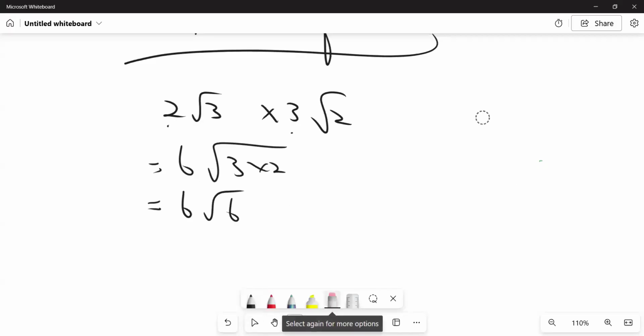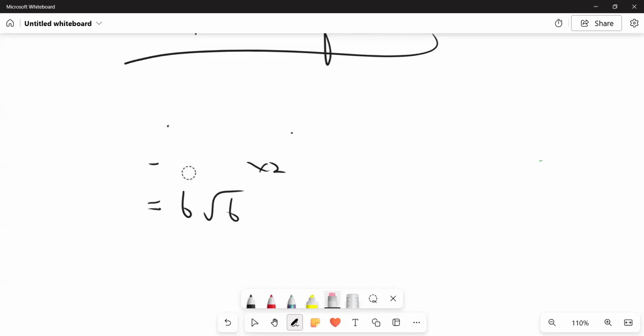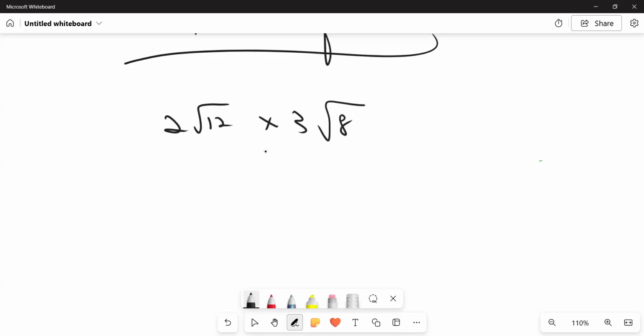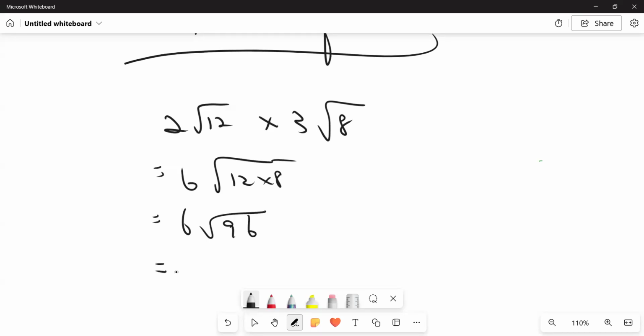Let's try another one. Look at this one: 2 root 12 by 3 root 8. So you get 6 root 12 by 8, which is 6 root 96, which is also equal to 16 by 6.